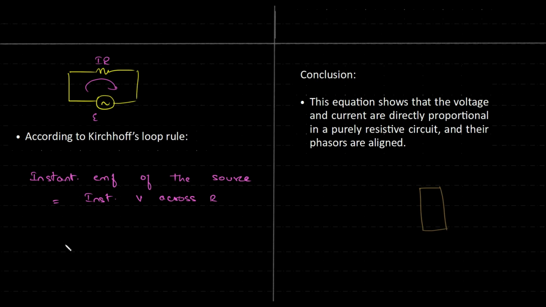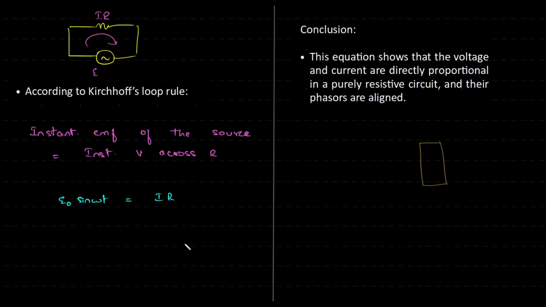Now, instantaneous EMF is given by epsilon naught sine omega t, and the voltage drop is IR across the resistance. Agree, guys? Now, if I rearrange or divide by R both sides, I will be equal to epsilon naught by R sine omega t, and this is your maximum current, I naught.